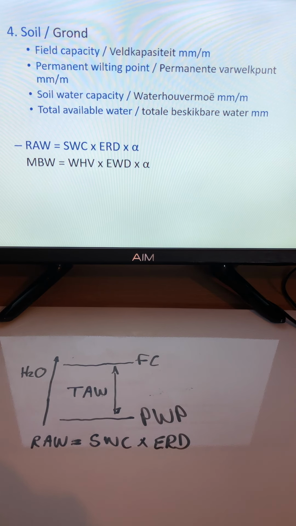So that's the maximum amount of water that can be extracted, and that then is the maximum amount of water in your soil that your plant can extract, and that is a fraction. So that is how you calculate readily available water, and I think that's enough for this video.